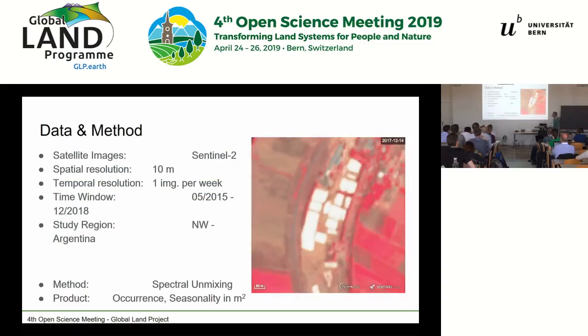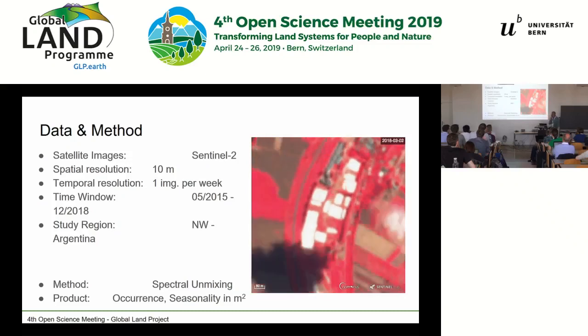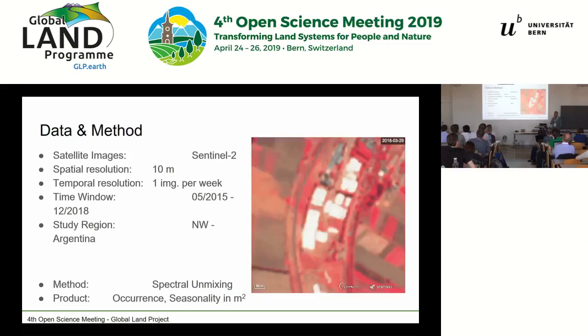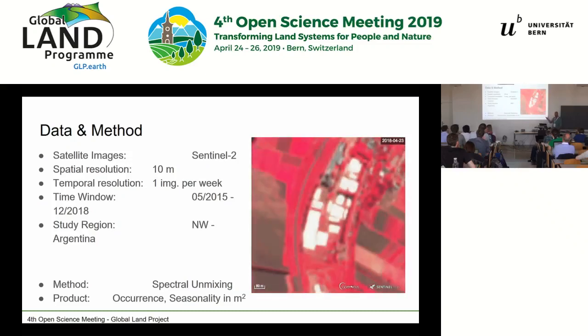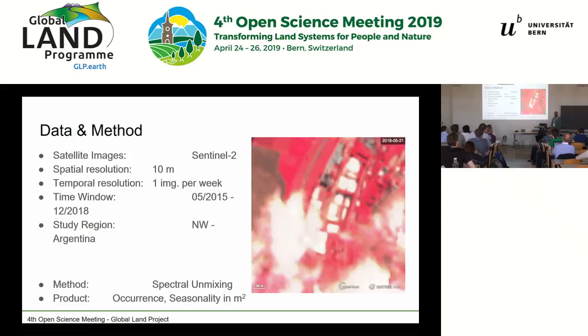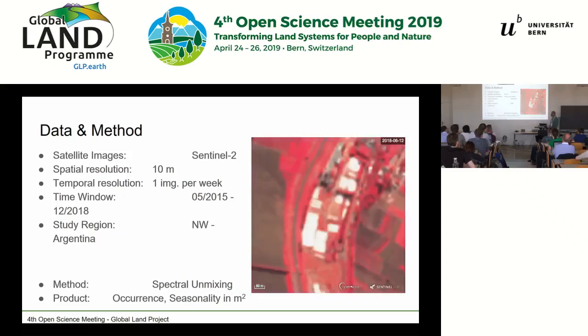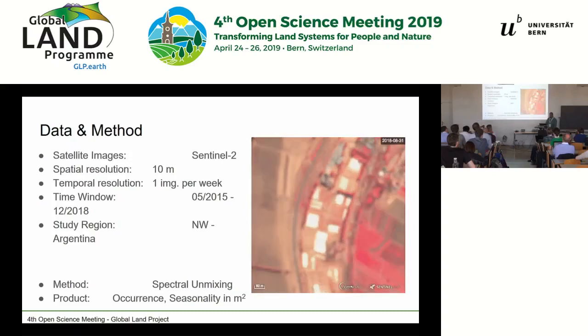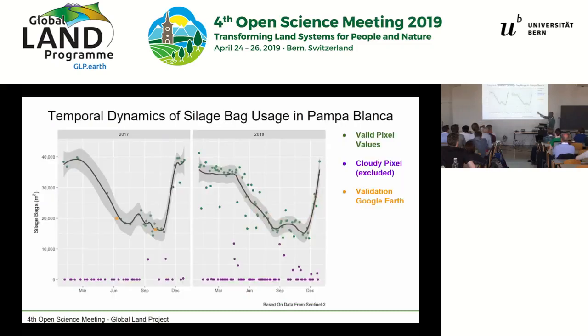At the beginning we tried to perform a classification, but finally we decided to use a spectral mixing method to get a percentage of plastic in each pixel. Doing this we have better precision in terms of how many square meters are covered with plastic bags in each place. Using this method we can prepare time curves of the area of silo bags.